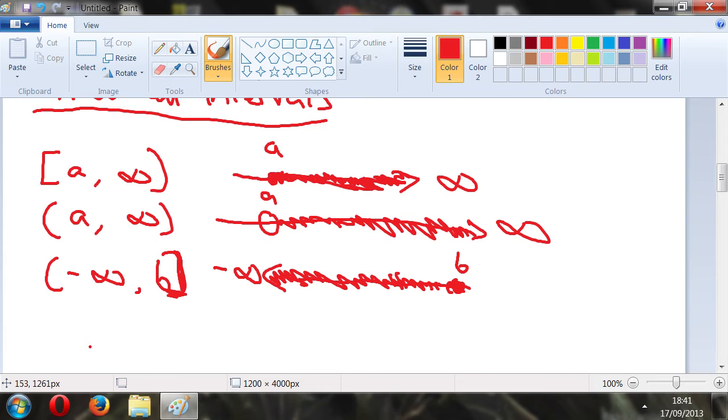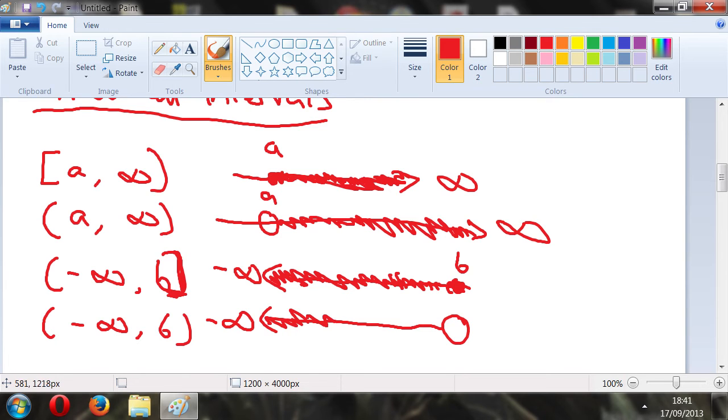And then we can also have an open interval for the B. So B is excluded, off it goes to minus infinity, and it's still going to be like that.